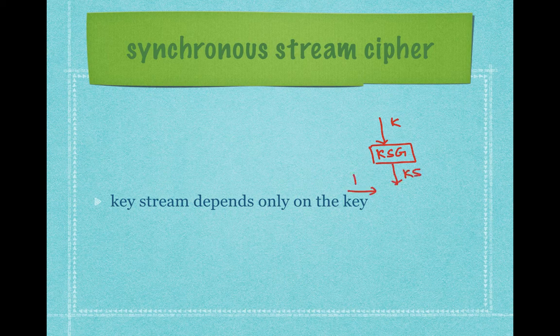You pass your plain text here, you take these two, you perform a XOR operation, and you will get back your ciphertext. That means the key stream depends only on K. There is no other input, right? Key stream is directly dependent on the key. There is no other parameter for it. Such a cipher is called a synchronous stream cipher.